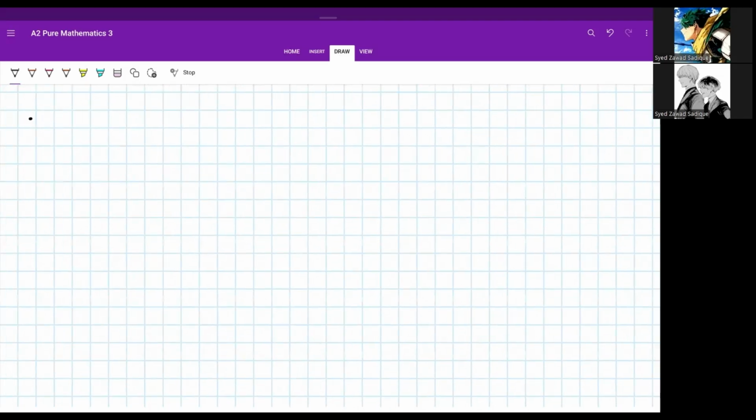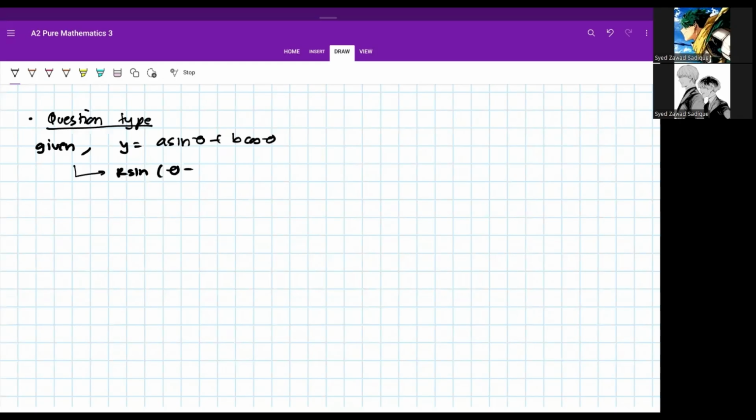They can also give a question type like this. Given y is equals to a sine theta plus b cos theta, and from the previous part you find out that it is r sine theta plus alpha plus x.